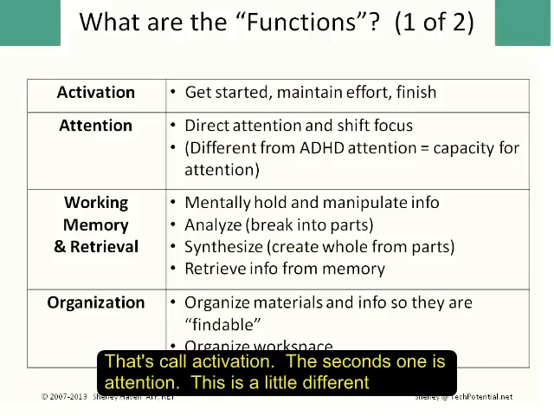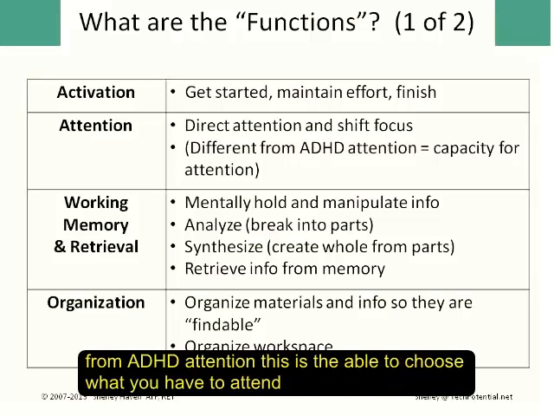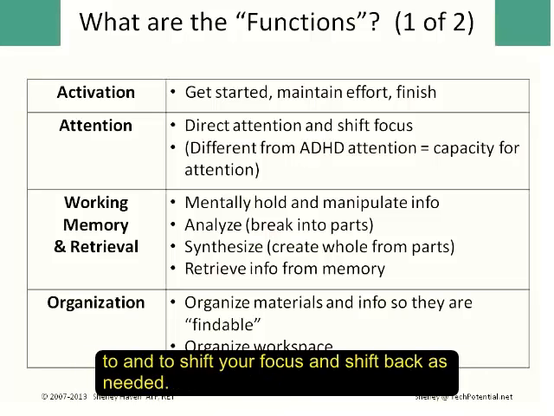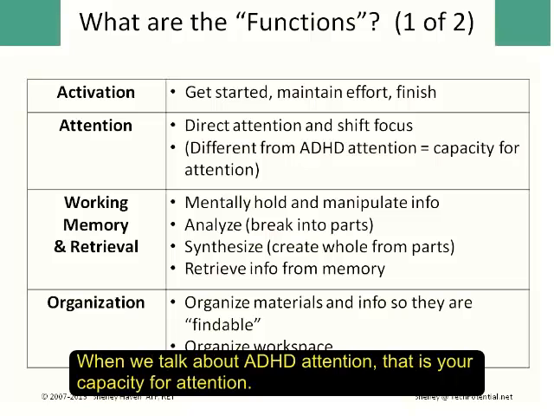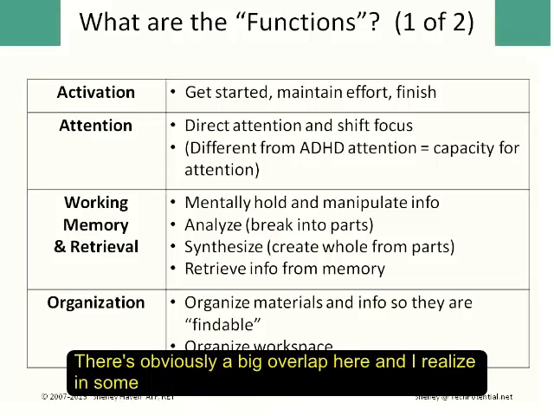So that's called activation. The second one is attention. This is a little different from ADHD type attention. This is the ability to purposefully choose what you want to attend to and then to shift your focus and shift back as needed. When we talk about ADHD attention, that is your capacity for attention.